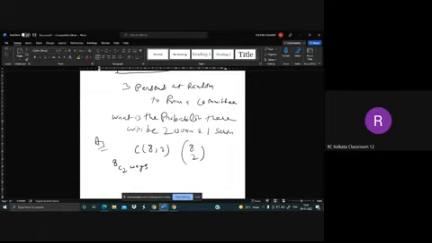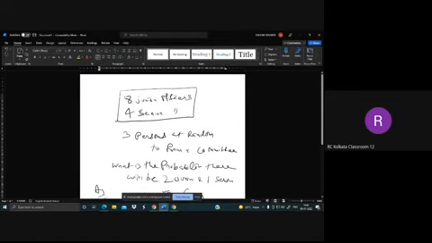Whatever notation you are using, it doesn't matter, it is a combination. You are choosing 2 people out of 8, 2 juniors out of 8 juniors. Am I clear? You are selecting 2 male out of 8 male.